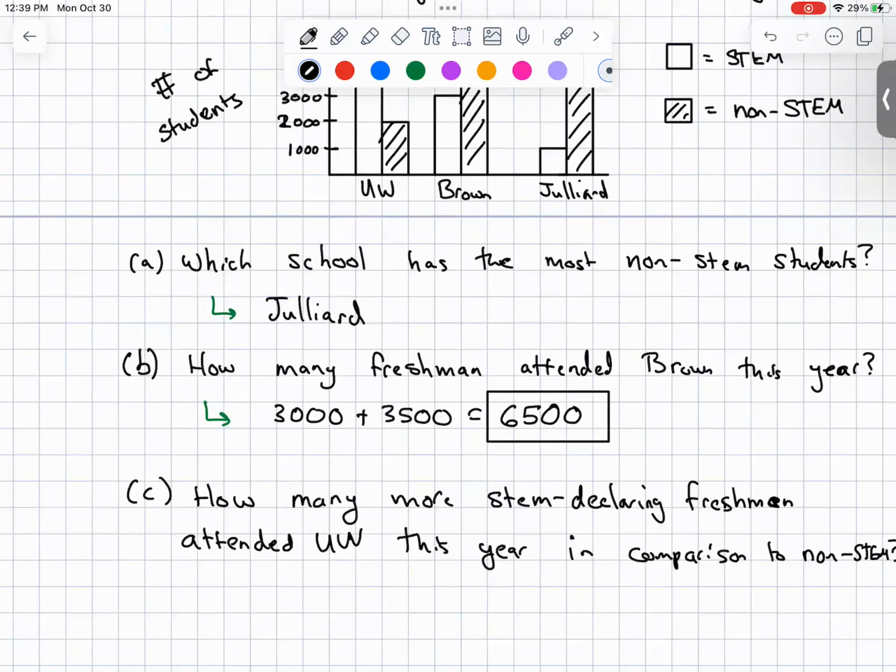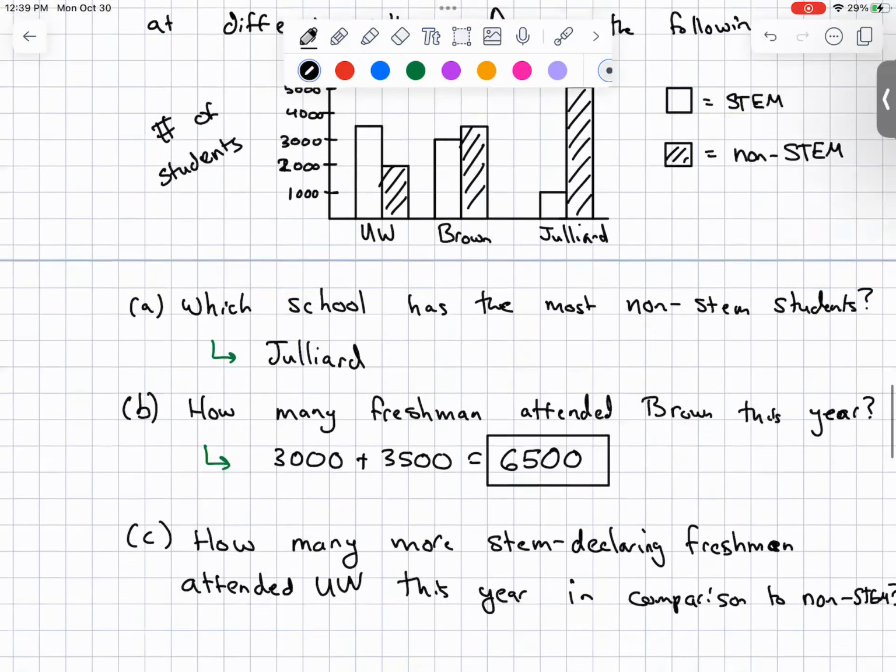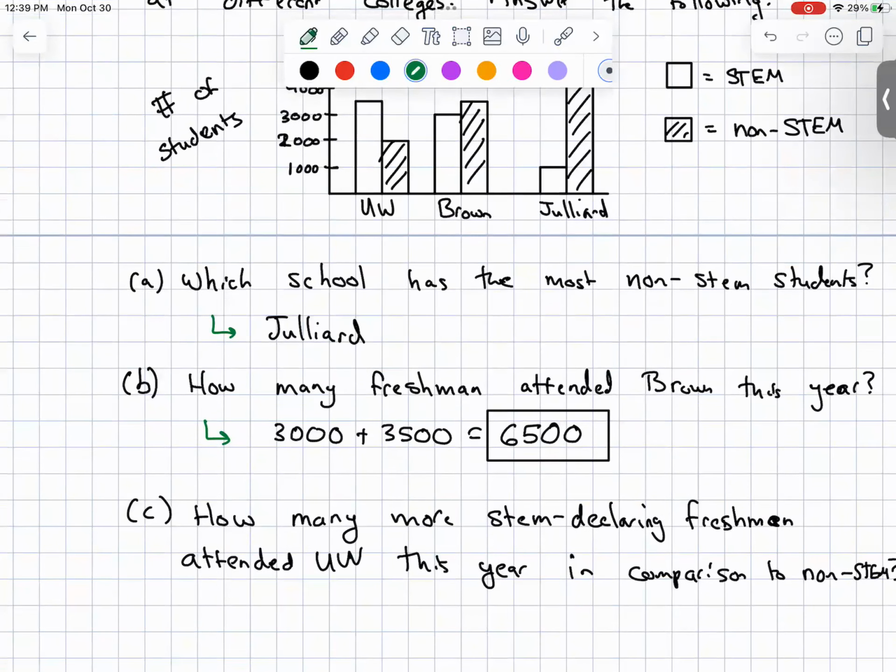But if I want to know how many more freshmen were STEM declaring, I would take the difference. So I'd take the 3,500 STEM students and subtract off the 2,000 non-STEM to tell me that there were 1,500 more STEM students.